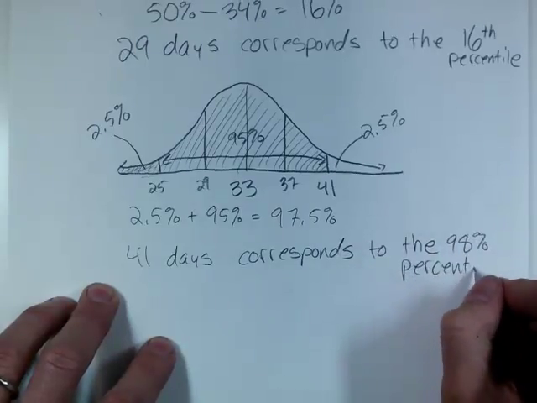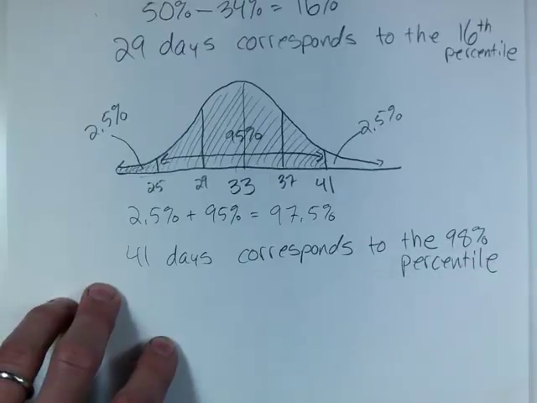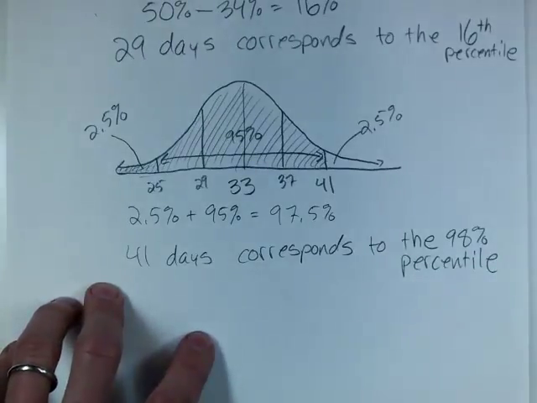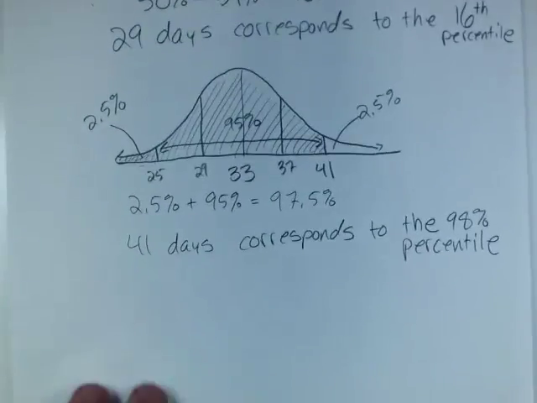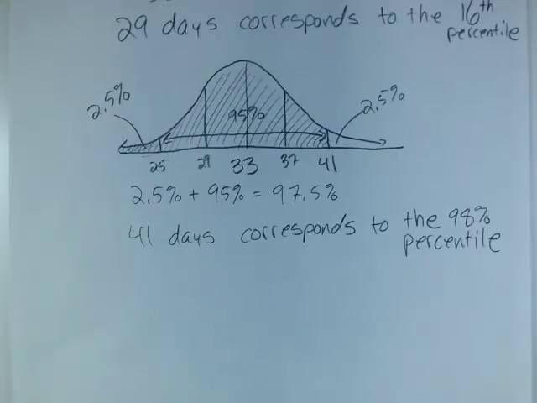Or you just need to round the way you're told to in the homework. It is the 97.5th percentile, but 98th percentile is easier to roll off the tongue. Does that make sense? All right, so let me stop recording.